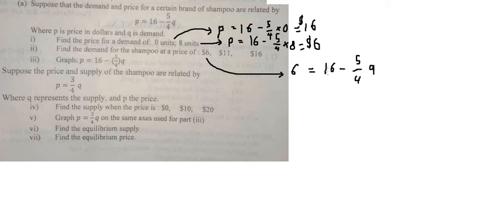So we put number 16 on the left and we divide both sides by negative 5 over 4. So that should be like this. And you will get 8 units.